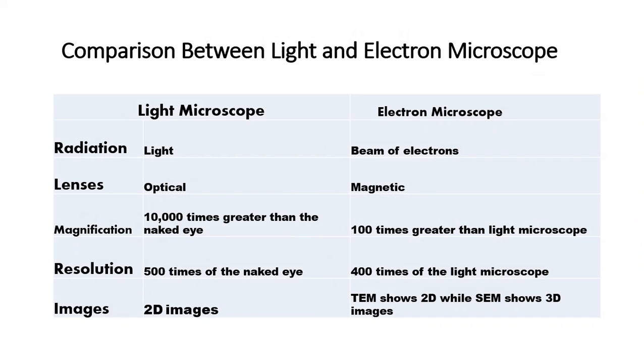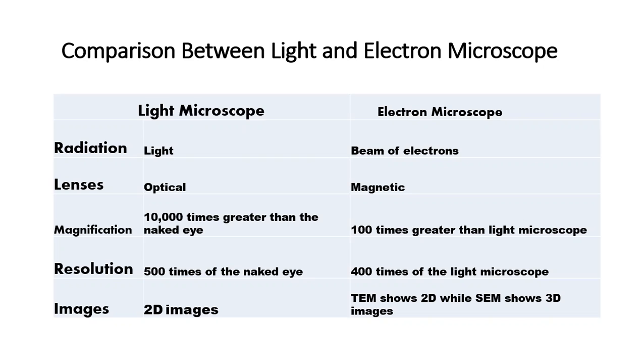The light microscope magnification is 10,000 times greater than the naked eye, while the electron microscope magnification is 100 times greater than the light microscope. The resolution of the light microscope is 500 times that of the human eye, while the electron microscope resolution is 400 times that of the light microscope.